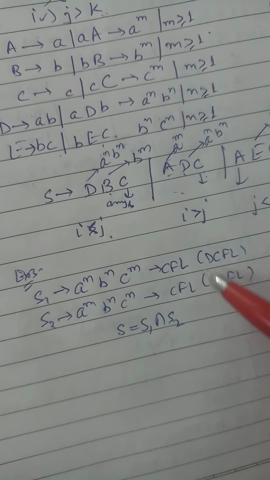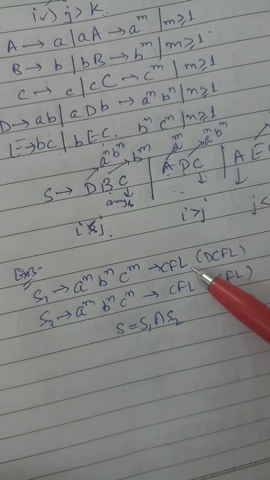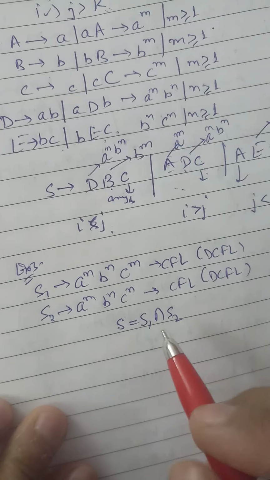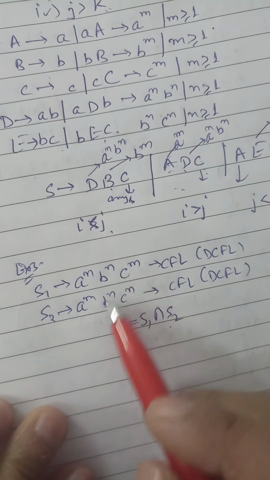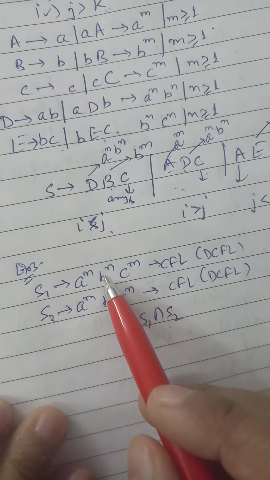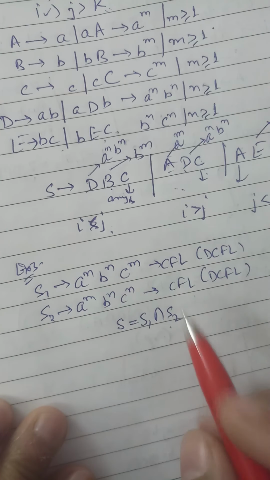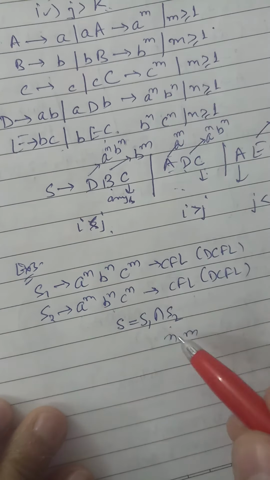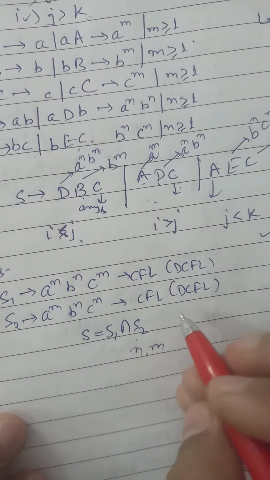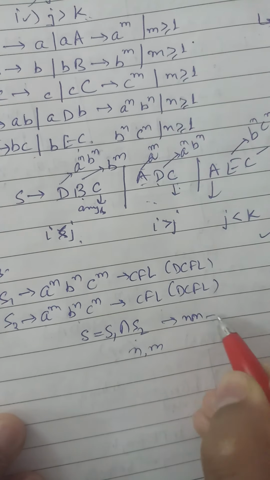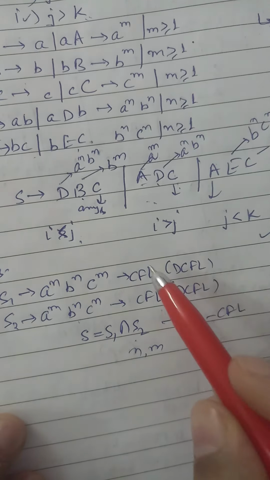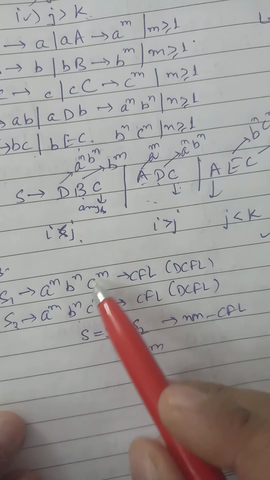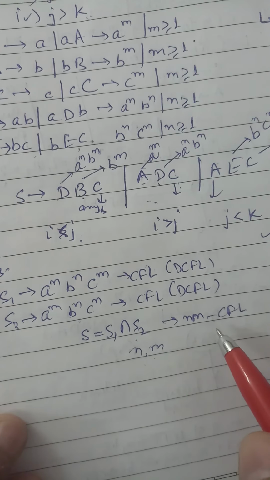Is this CFL or non-CFL? There is no relation between n and m, so we cannot say what we will get. So simply this is non-CFL. Although both are CFL, after the intersection, with no relationship between n and m, this is simply non-CFL.